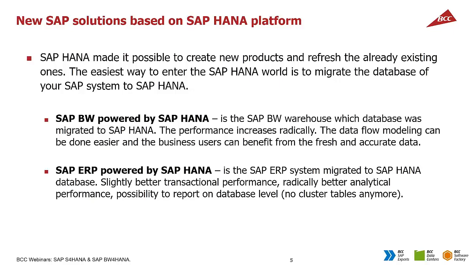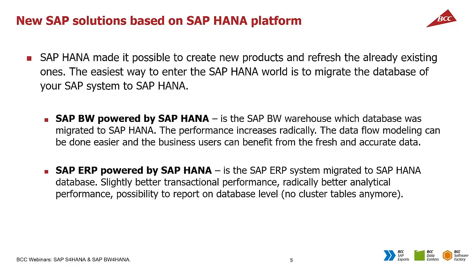But with the introduction of SAP BW powered by SAP HANA, the performance increased radically, by a factor usually of about 100. So the reports that we would wait for an hour now will be executed in less than a minute. And sometimes the performance gain is even bigger.